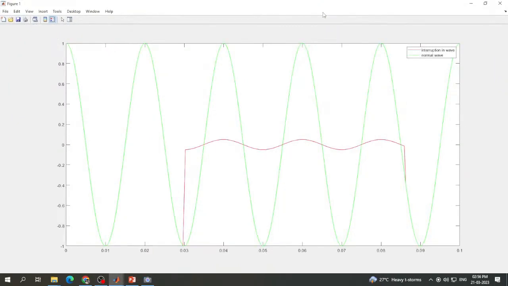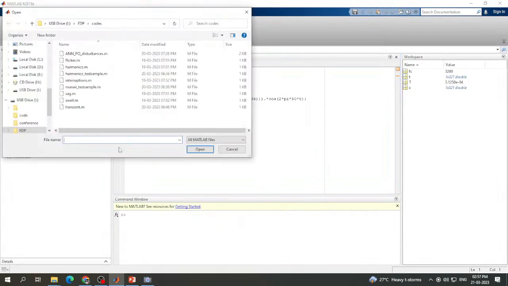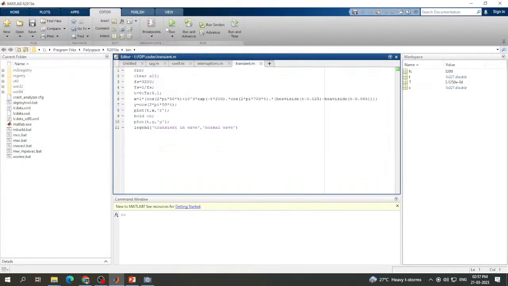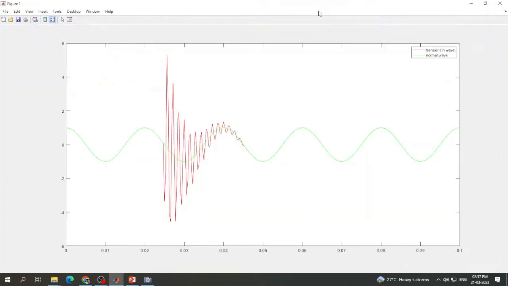The red one is the disturbed signal. This is the transient one, and specifically it is the oscillatory transient. In the transient we have an exponential decay function, so by adjusting that parameter you can make it an impulsive transient also.